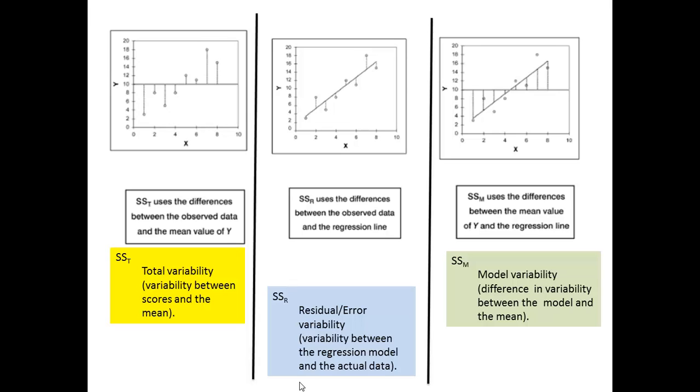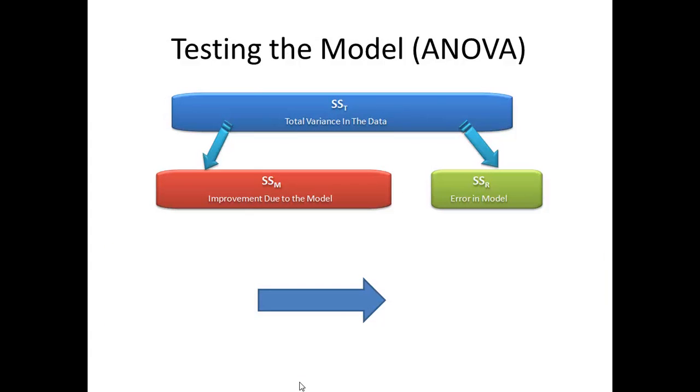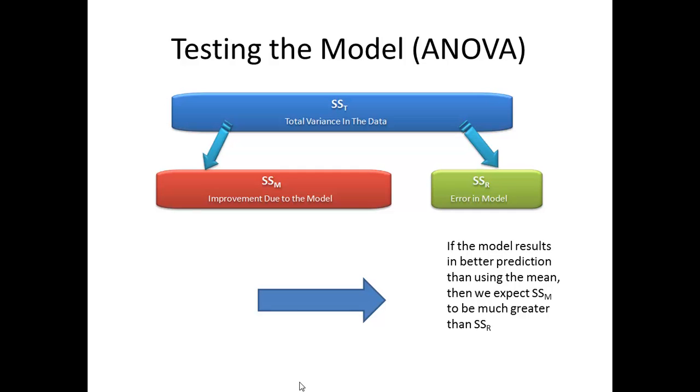SPSS will calculate the sum of squares total, the sum of squares residual, and the sum of squares of our model. The important point to remember, if the model results in better prediction than using an average, we expect the sum of squares of our model to be greater than the sum of squares of residual or error.